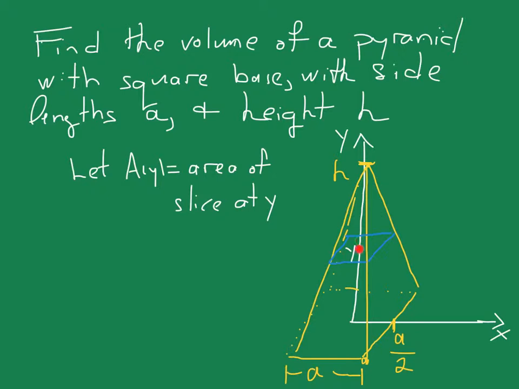It should be clear that the distance from here to here is going to be the same as the distance from here to here. I could just move my axes around. It's perfectly symmetric here. So if this distance is this distance, well, then this distance is this distance here. In other words, this side length is the same as this side length here. So this is going to be a square. So let me just write that. So this is a square.